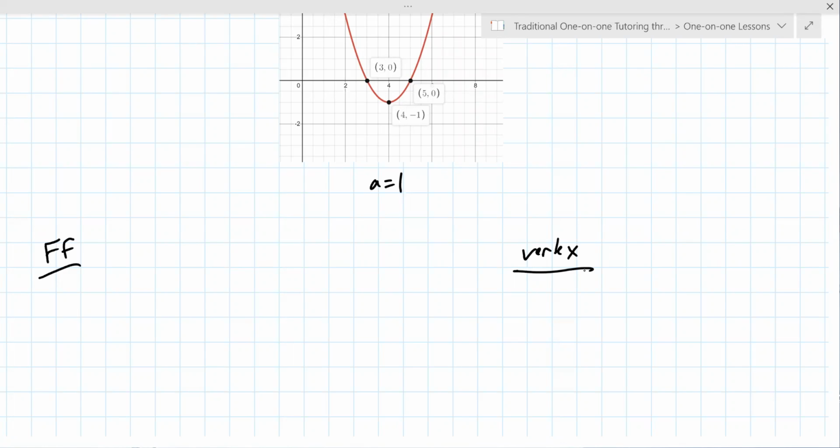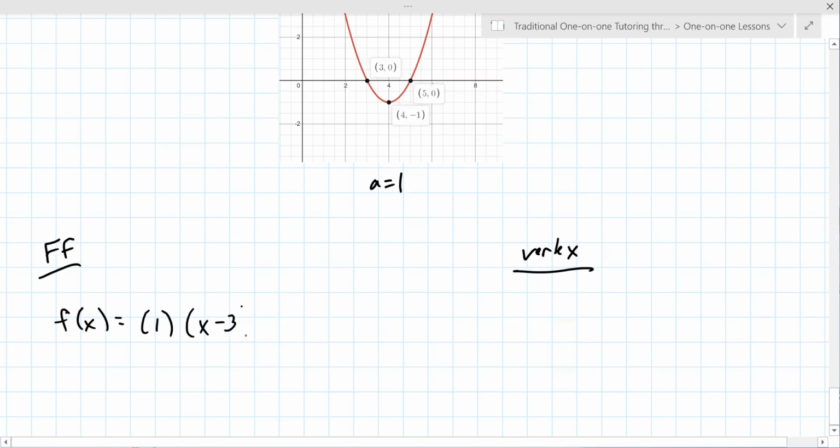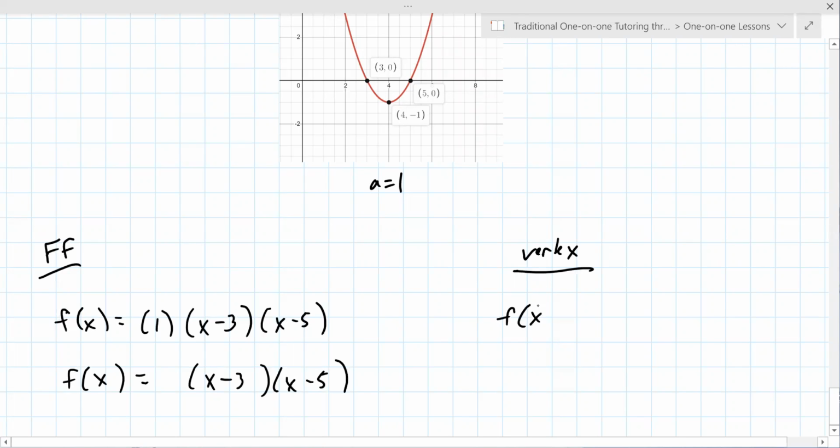Okay. f(x) equals 1 times (x minus 3)(x minus 5). Okay, good. If we pretty that up, it's (x minus 3)(x minus 5). Okay, vertex form, whenever you have it, go ahead and let me know.